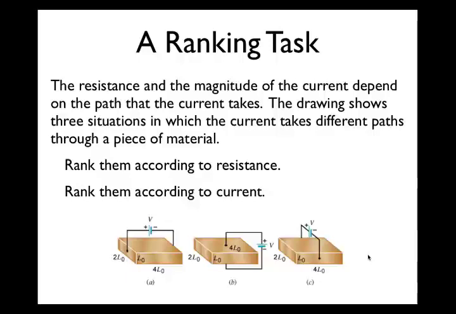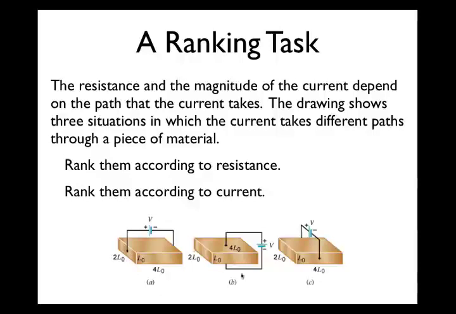Well, resistance, again, recall, is directly proportional to the length of the wire, and inversely proportional to the cross-sectional area of this. So the one that's going to have the highest resistance will have the smallest cross-sectional area and the greatest length, and that's situation A here, where the length it has to travel through is 4L naught, and it has a 2L naught by L naught face of the block for the charge to flow through.